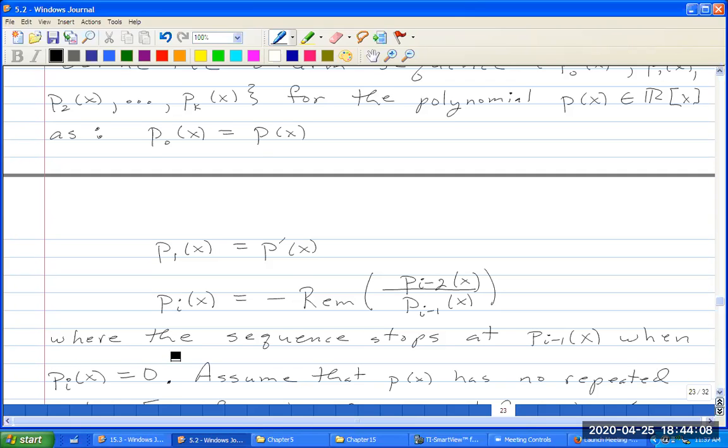That's the stopping criterion: once we find the remainder is 0, we're done. Basically, a polynomial of degree n will stop after n terms in the sequence, more or less.